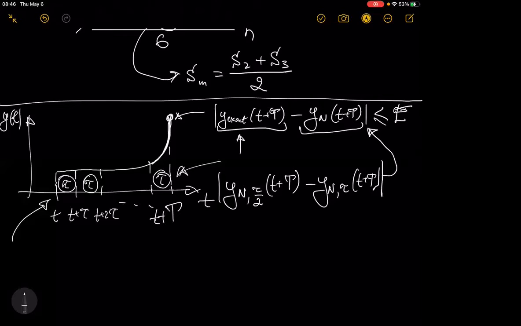Or you can even do y numerical with tau divided by, let's say, 4.